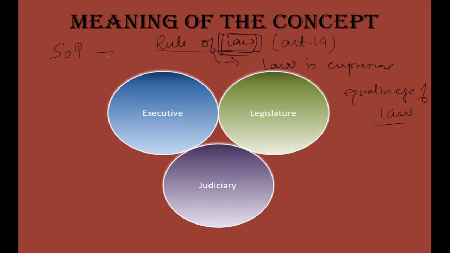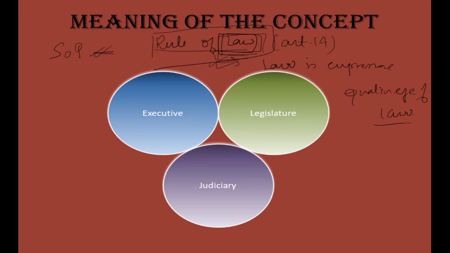So separation of power ensures this because say you do not have separation of power, even if there is a rule of law, how would you enforce it? Its enforcement is not guaranteed, and if its enforcement is not guaranteed, that means there is a chance of some arbitrary action, and rule of law may not exist. So separation of power is essential.